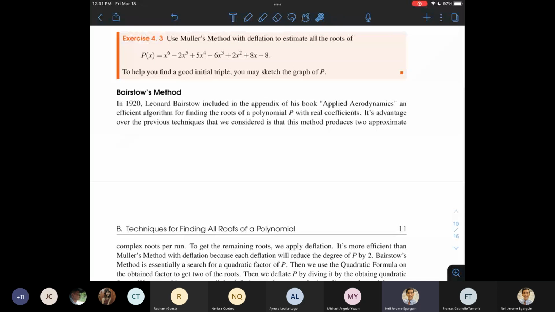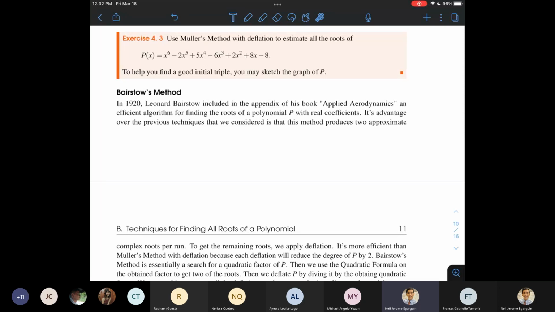The nice thing about Bairstow's method is that it's an efficient method for finding the roots of a polynomial p with real coefficients. Tapos, ang advantage niya siguro over Mueller's method ay at every step of the way, we get two approximate roots. And those two approximate roots may be complex. Alright? Kasi nga sa Mueller's, isa lang yung nakukuha natin per run. Sa Bairstow's, dalawa yung nakukuha natin.